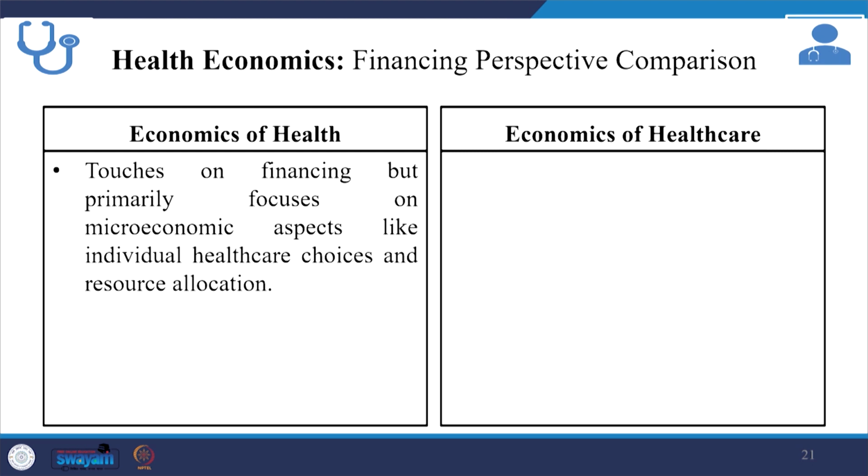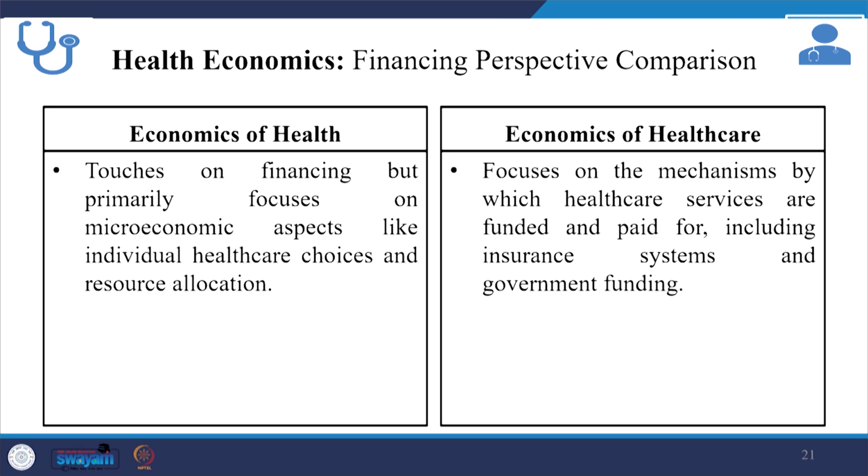The economics of health touches on financing, but primarily focuses on microeconomic aspects like individual finance for healthcare choices and their resource allocations. Whereas in the economics of healthcare, the focus is on the mechanisms by which healthcare services are funded and paid for, including insurance systems or government scheme funding, etc.